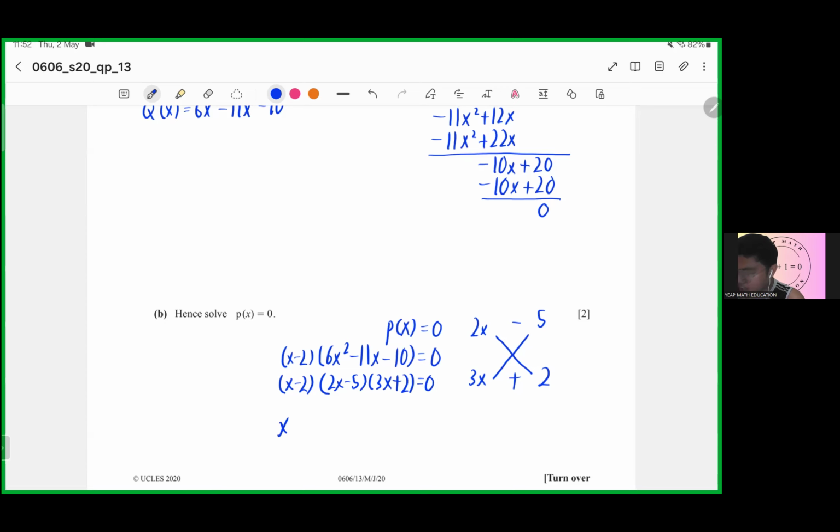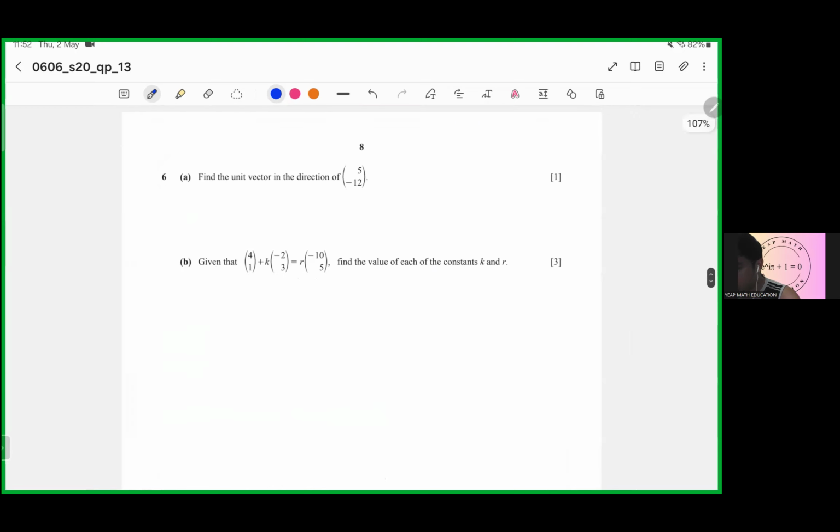After we factorize, we can get x equals 2, x equals negative 2 over 3, and then x equals 5 over 2. I hope you guys can understand. Now we look at the next question.